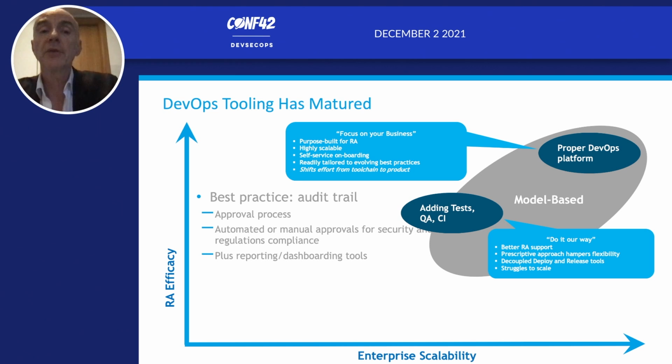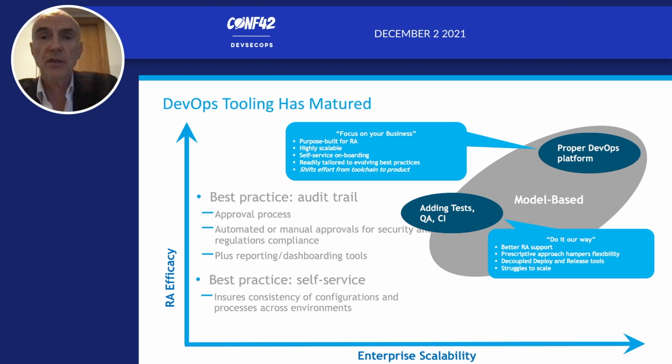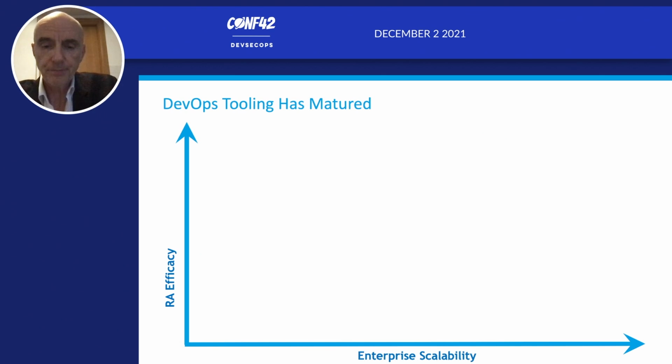It brings a complete audit trail with the approvals, with the ability to automate the approvals, and all the reporting and dashboarding that I can imagine on all the data I'm gathering. Self-service means ease of use for the consumers, for the new projects that are onboarding on these platforms.